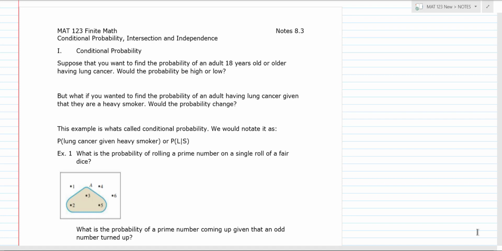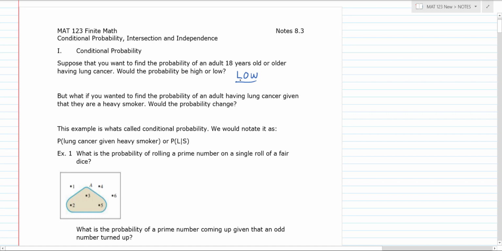All right, so I think in section 8.3, we're going to look at the idea of conditional probability. To begin, let's suppose that you want to find the probability of an 18-year-old or older having lung cancer. Would the probability be high or low? Well, we hope low.